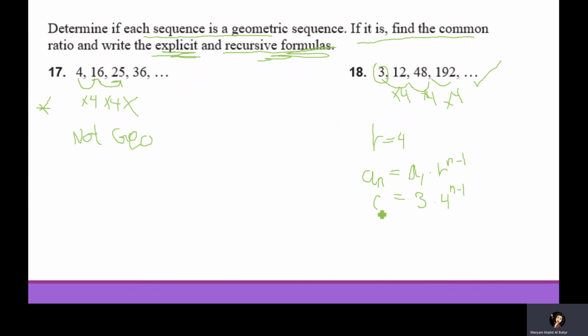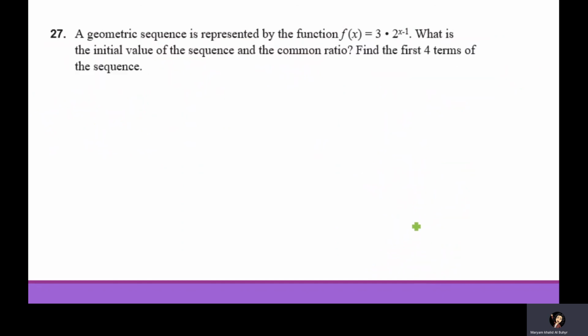That's my explicit formula. The recursive formula is: just write A1, which is equal to 3. Then AN, the nth term, is the previous term, AN minus 1, times R, times 4. You can change the order because of the commutative property of multiplication. So that's for this part.